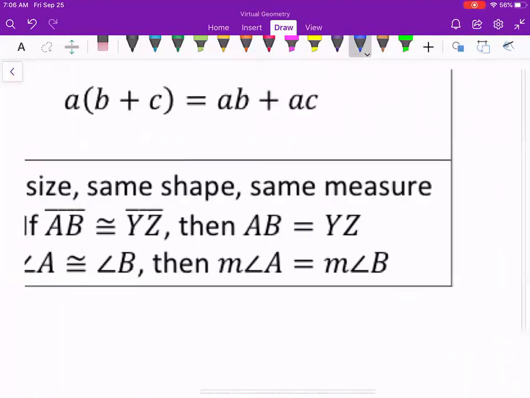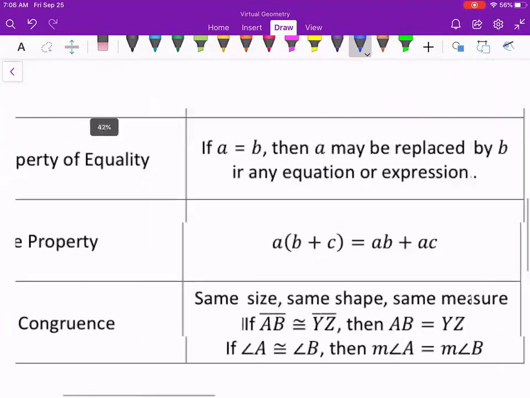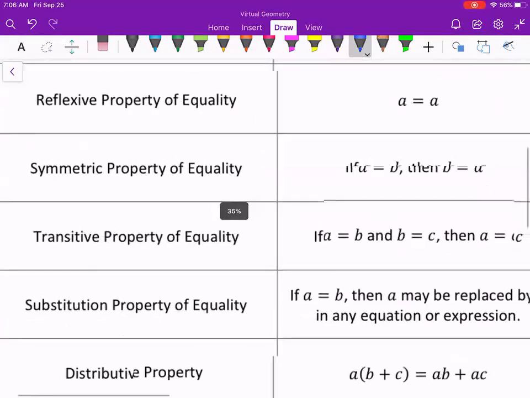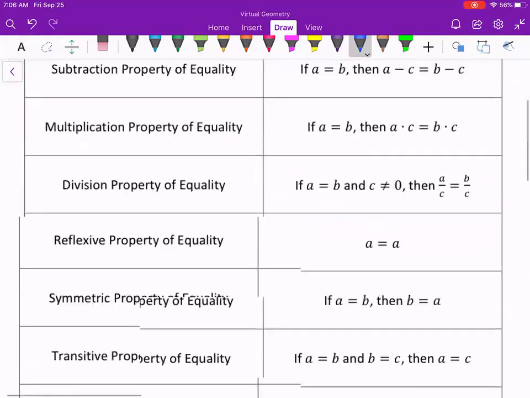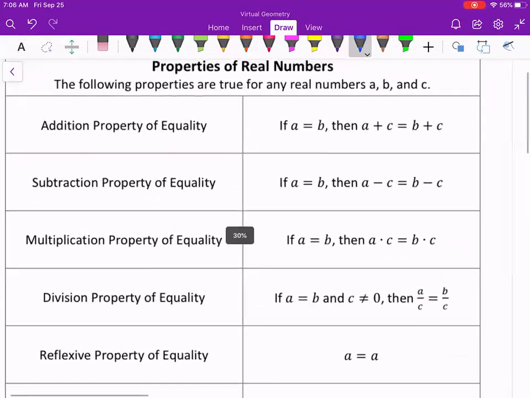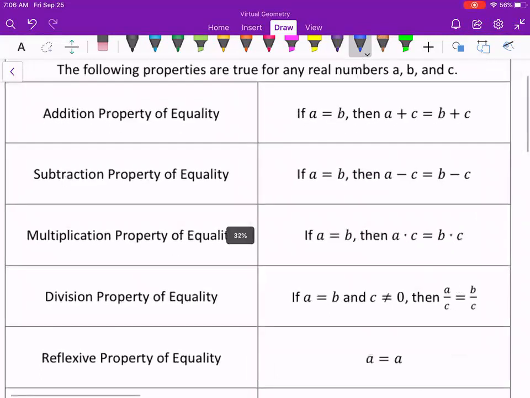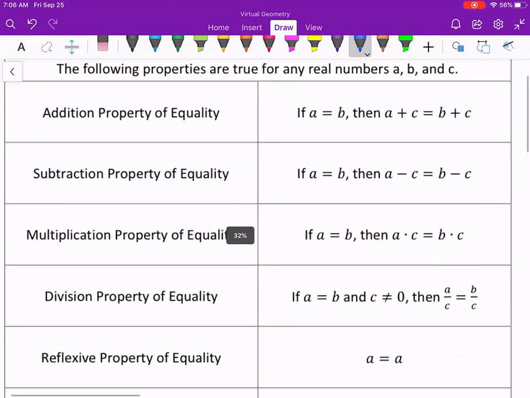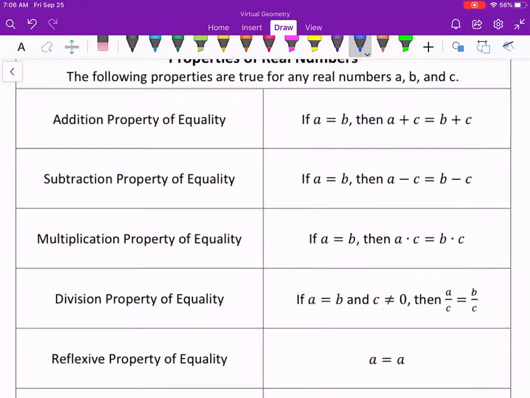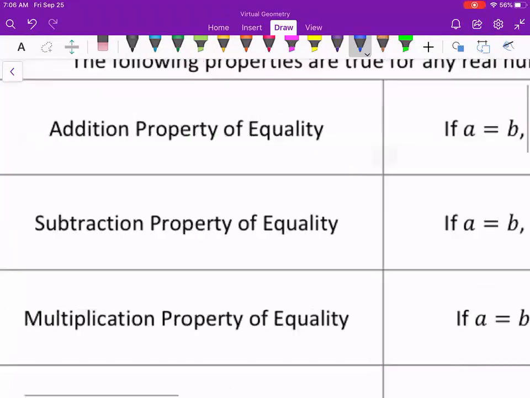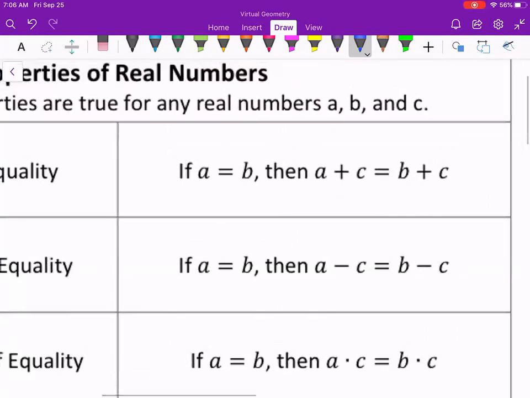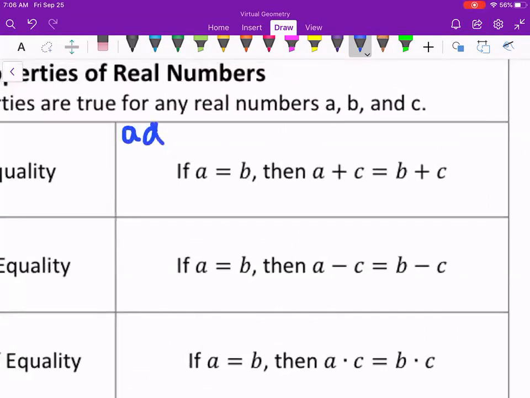Now let's take a look at some of the algebra postulates that we can also use with our points, lines, and planes. You have actually seen all of these when you were working in Algebra 1 when you solved an equation. So the addition property of equality, or just addition property for short, is the property that says you can add something to both sides.